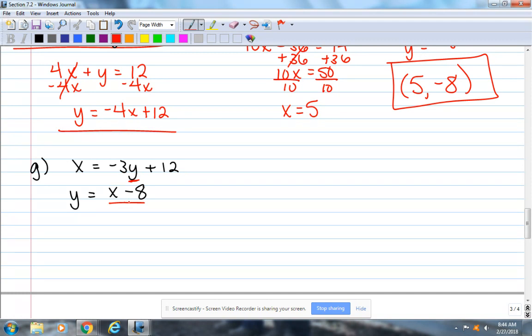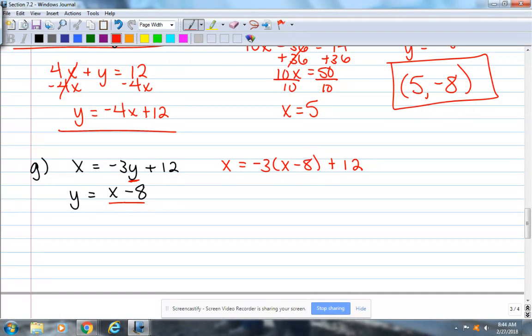Does that make sense? Or what else could I have done? Yeah, I could have put negative 3y plus 12 in for x right here. Either way, I think this is a little easier on this one. So where they have a y, I'm going to replace it with x minus 8. So x equals negative 3 parentheses x minus 8, plus 12.